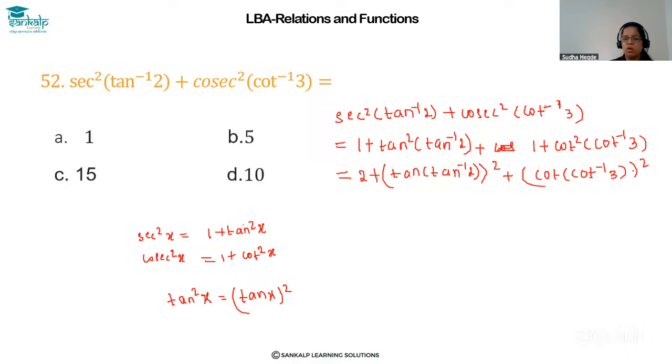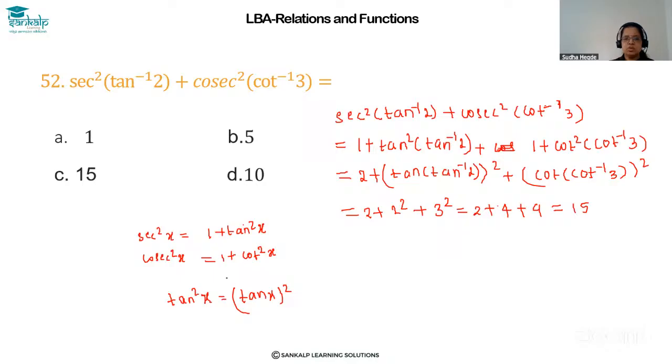So cot inverse and tan inverse cancel. So 2 plus 2 square plus 3 square. So that is 2 plus 4 plus 9, that is equal to 15.